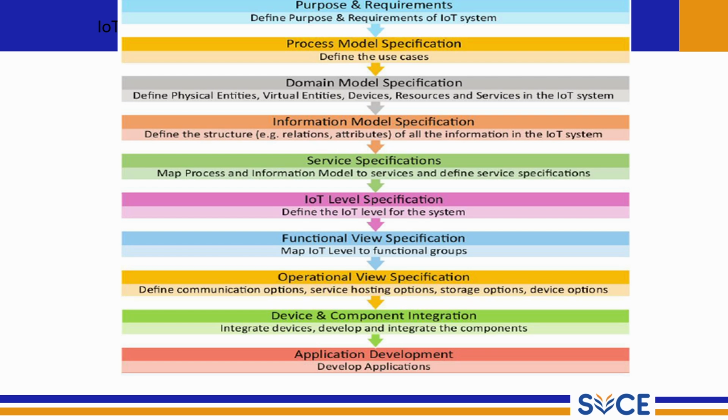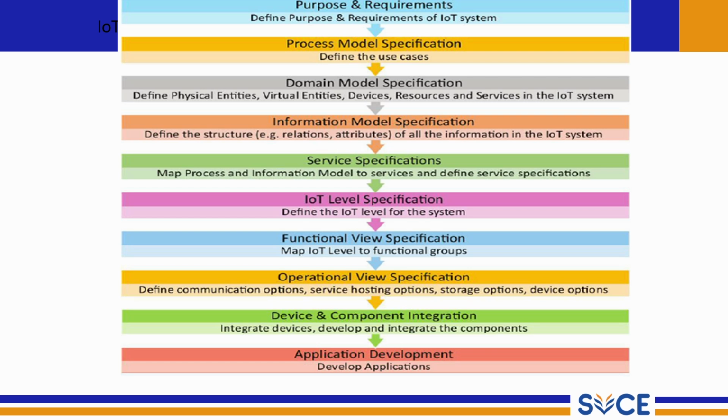Number one is the purpose and requirements. In this stage, it defines the purpose and requirements of the IoT system. In the second stage, the process model specification, it defines the use cases and everything related to the process.